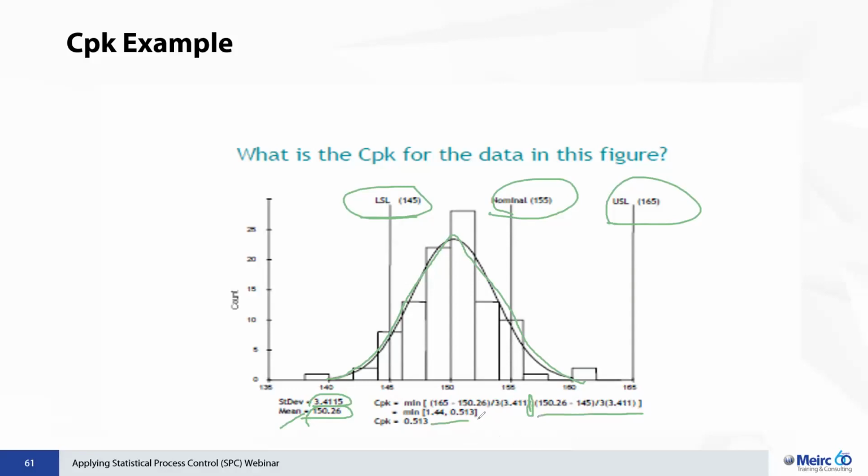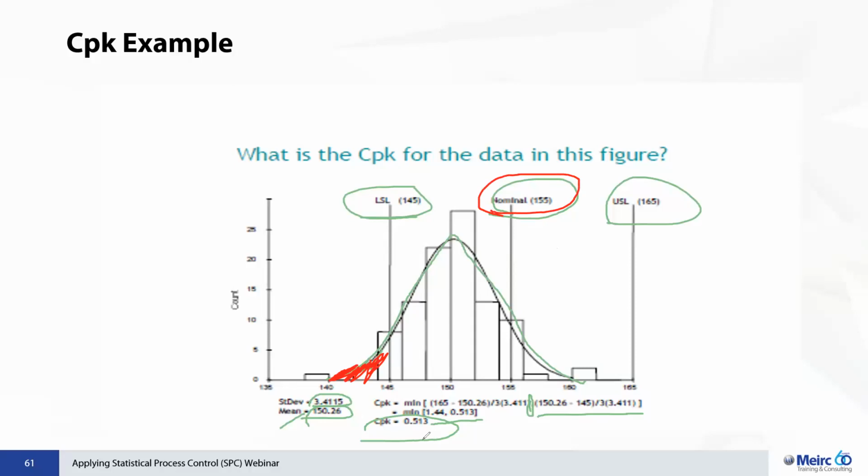So you've got 2 values. And which one do we take? We take the minimum. So your CPK for this process, and obviously by visually inspecting it, you know the process is not doing well. Because if you look here, you've got lots of data, like here, I want to put it in red, which is outside your lower specification limit, and it is not centered around the target, which is 155 requested by your customer.